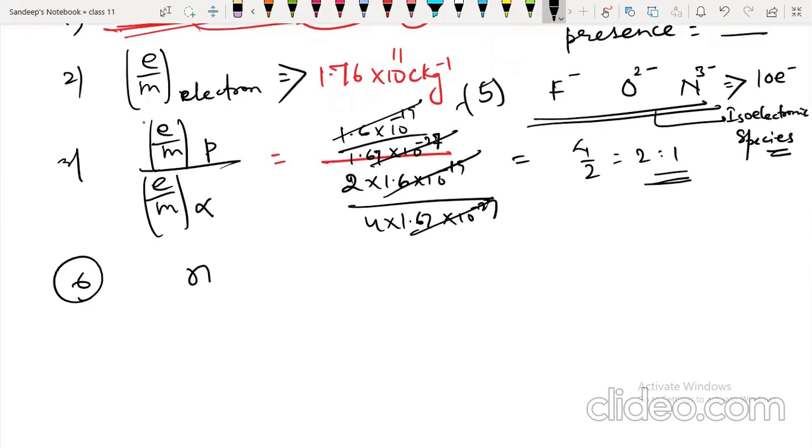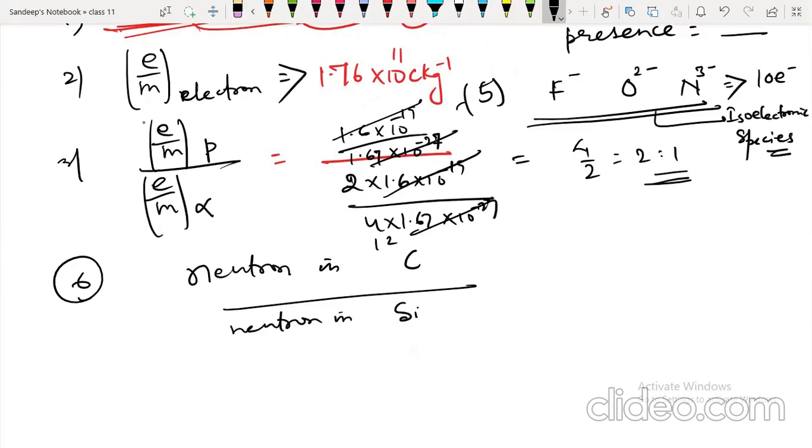Neutrons in carbon 12 upon neutrons in silicon 28. So can you find out the ratio of the neutrons in carbon 12 to that of silicon 28? How to find out neutrons in that?